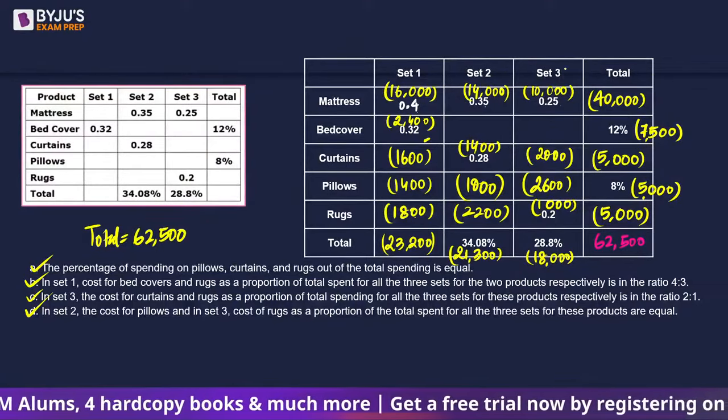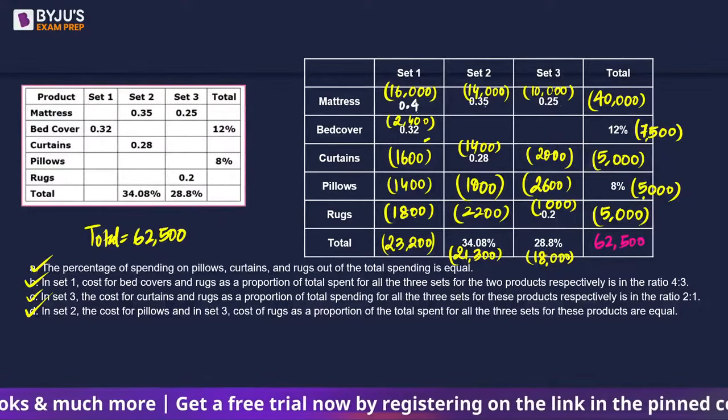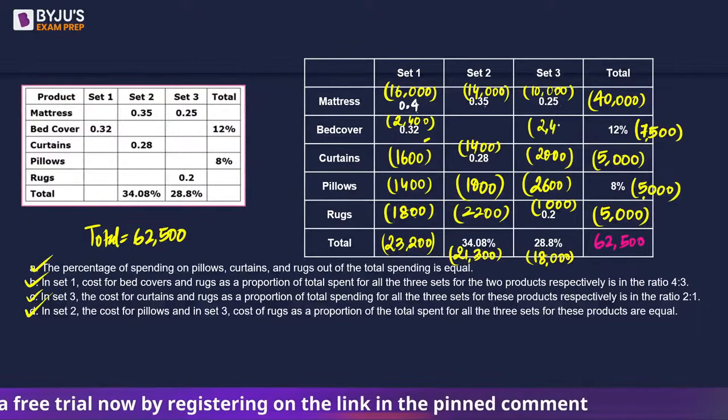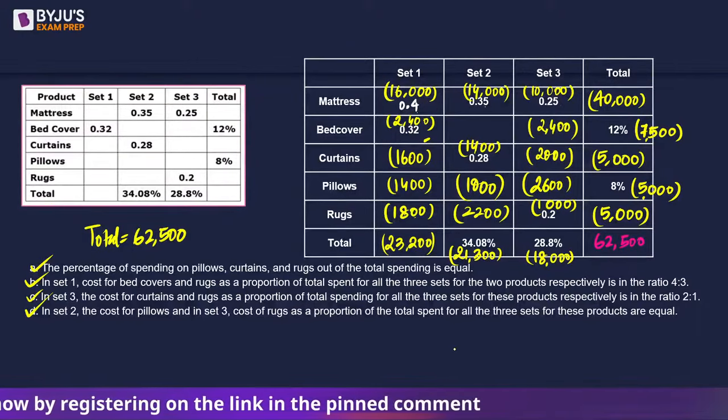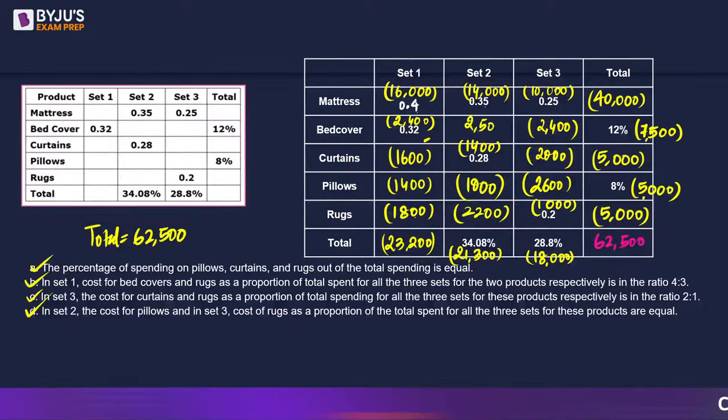Now look at set 3 overall value. We need 18,000, out of which 15,600 we already have. So this would mean another 2,400. Right? Now 2,400 plus 2,400 is 4,800. We need 7,500. So this would mean another 2,500.